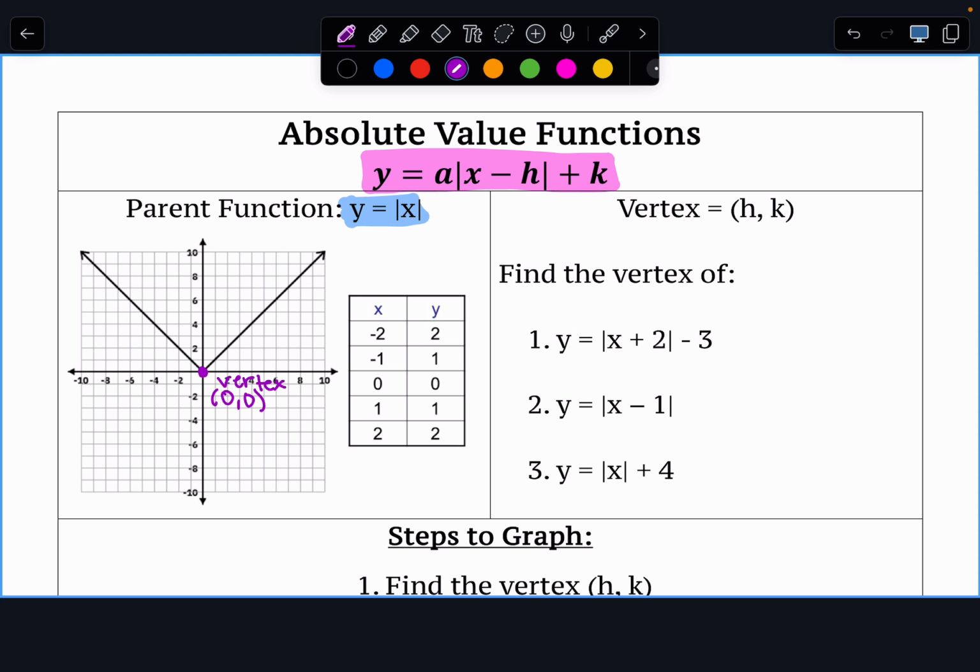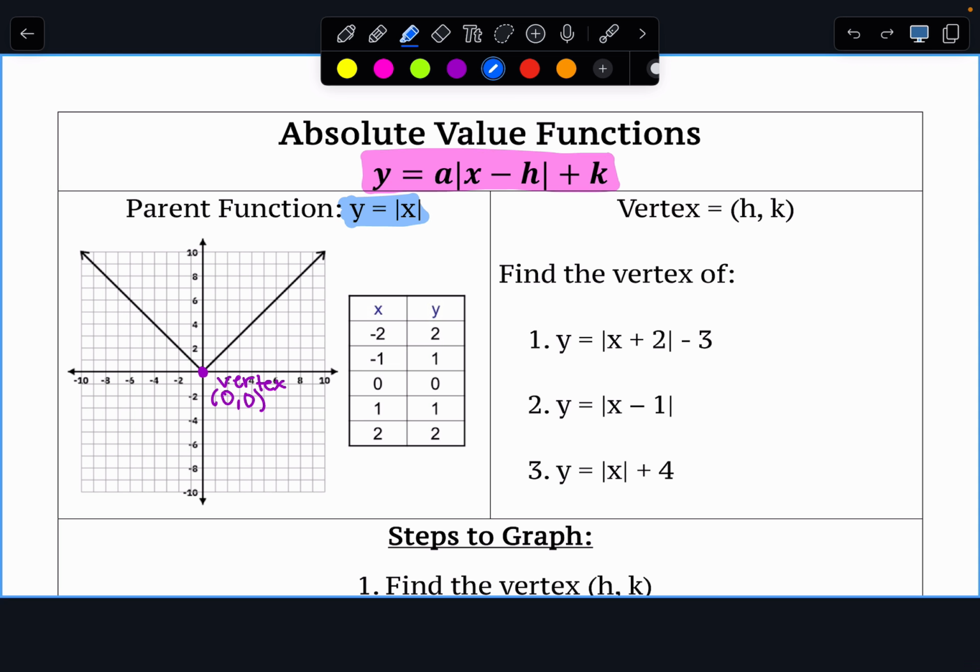So notice how this one has a slope of, what's this slope? 1. And what's this slope? -1. So we have a slope of 1 over here and a slope of -1 over here. So that's what's going to happen with this absolute value graph. One side's going to have positive slope, one side's going to have negative slope. That way it makes a nice pretty V.